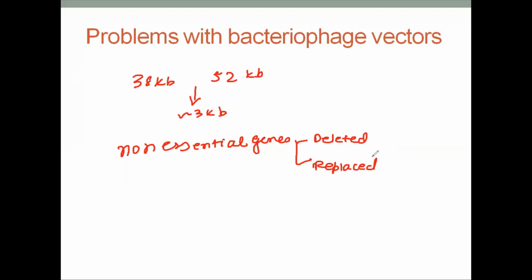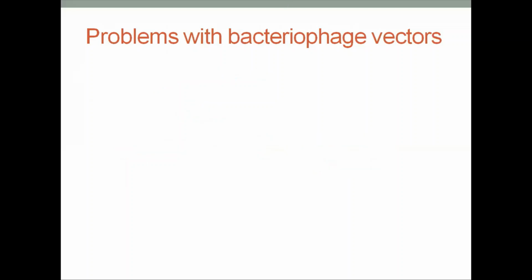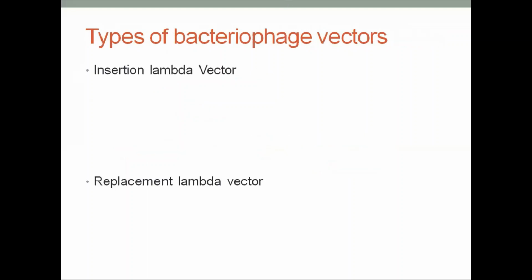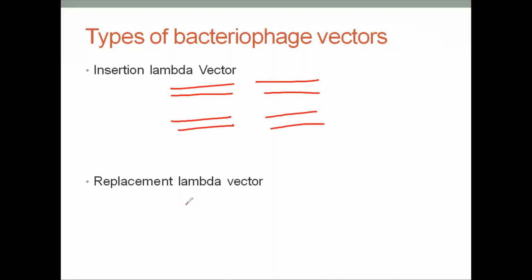So we do this. Now, how do we do it? Bacteriophage vectors are of different types, insertion and replacement. First, let's draw our vectors with their restriction sites. If we do it together, we can understand it very easily.